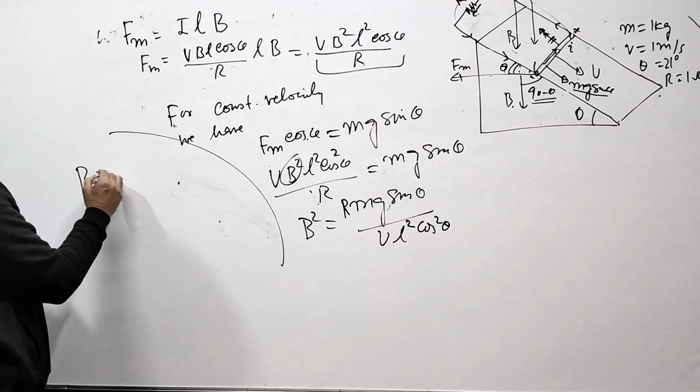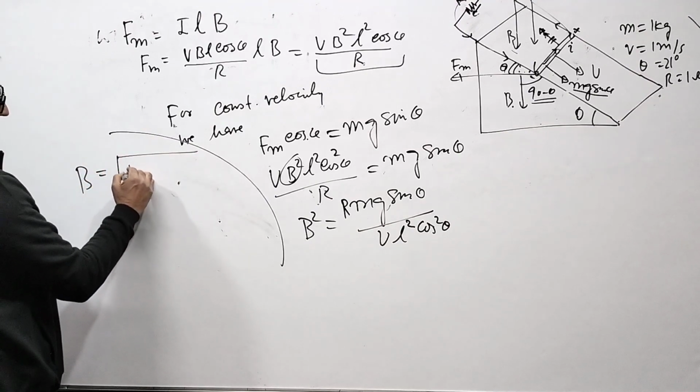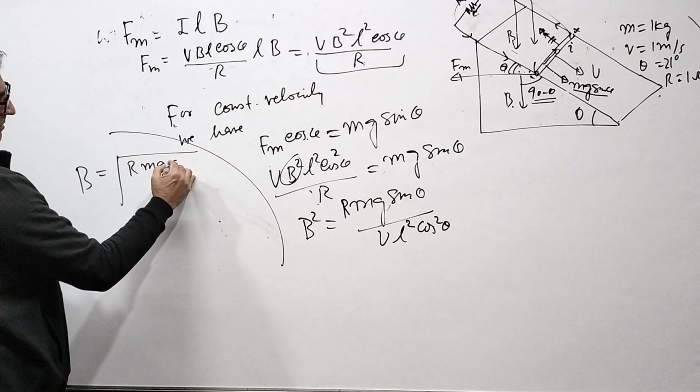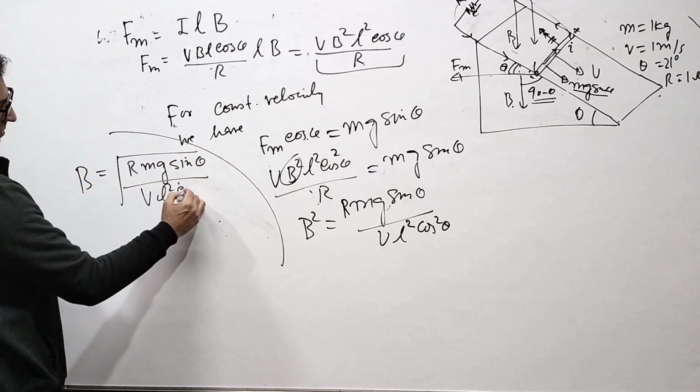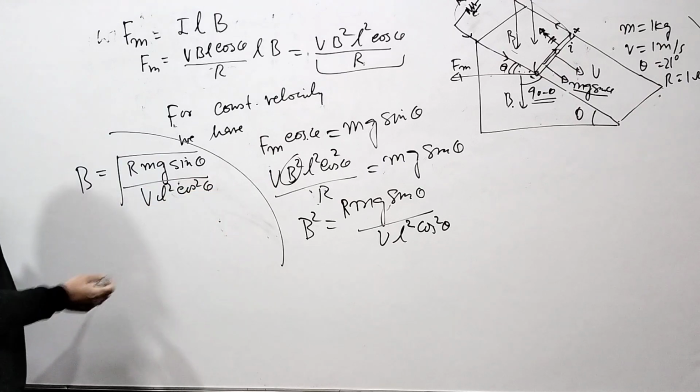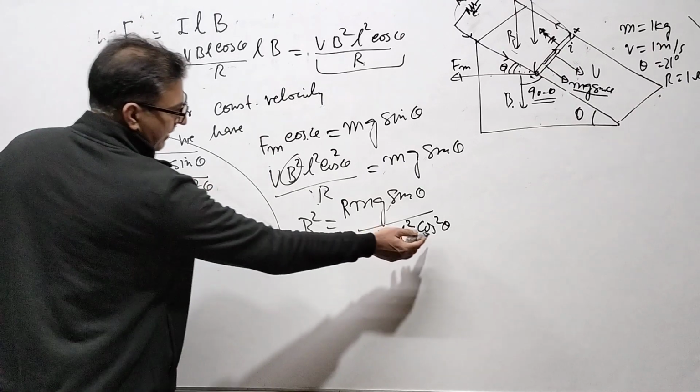B, शाबाश, that is root of RMG sin theta by VL square cos square theta.